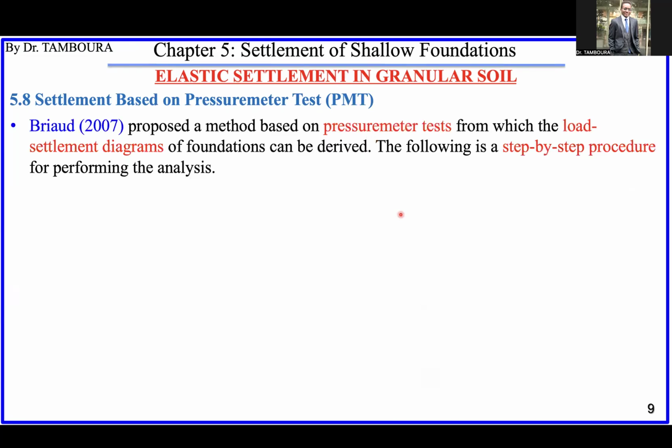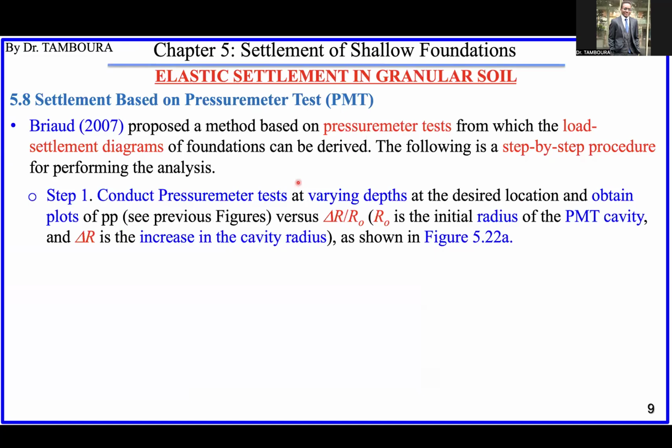We are going to see step by step how to estimate, predict settlement based on the Pressuremeter test. This is possible because of this reference who proposed the way to predict the load settlement diagram of a foundation.